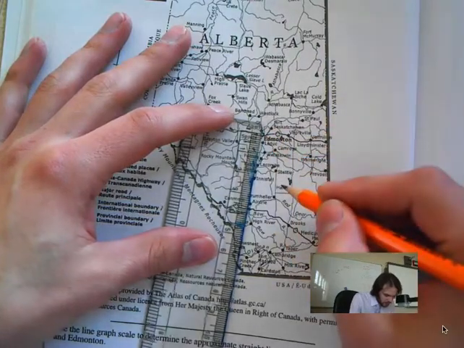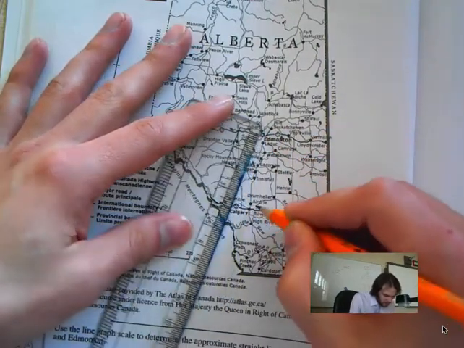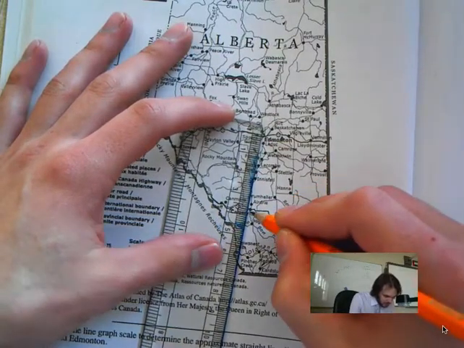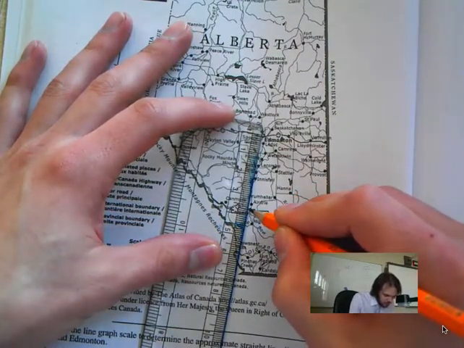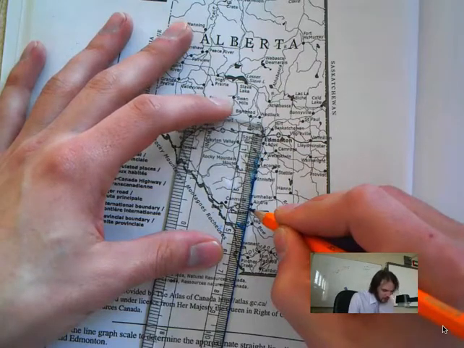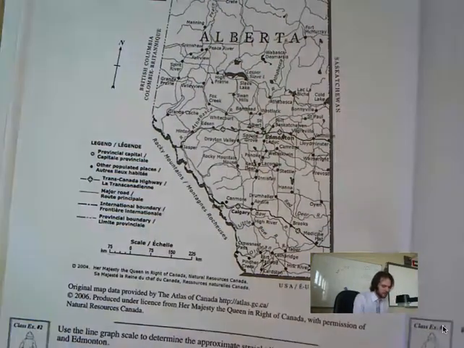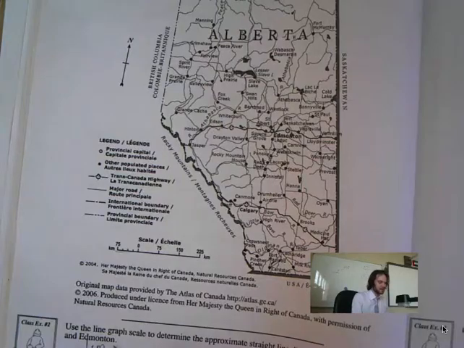Edmonton all the way to Calgary, which is right around there. I get 3.7. So I'm going to say it's 3.7 centimeters.